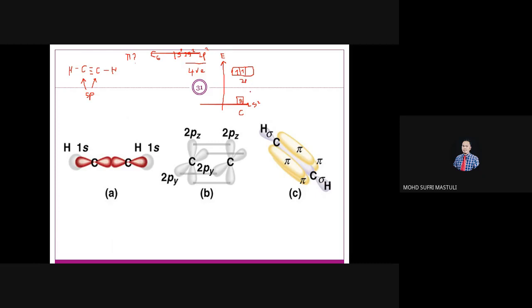So this carbon will undergo hybridization of sp in order to bond with the hydrogen and with the other carbon. So for sp, we have two boxes.